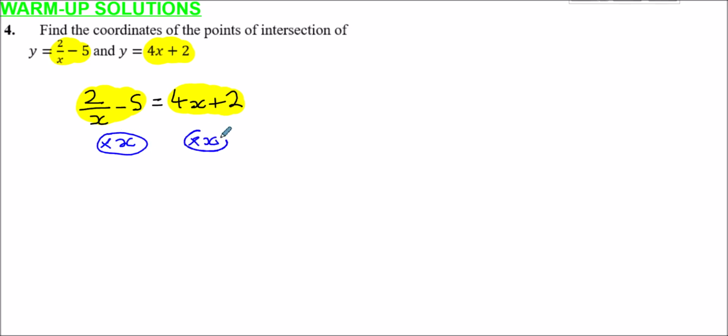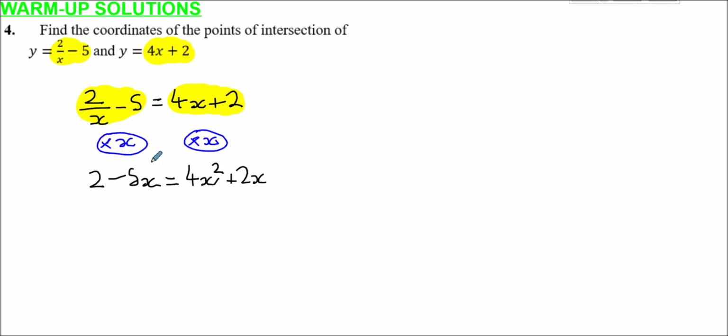It's actually quadratic. It doesn't look like it yet, but when we multiply through by x, we'll see that it is. So 2 over x multiplied by x just becomes 2. Minus 5 becomes minus 5x. 4x multiplied by x becomes 4x squared. And then 2 multiplied by x is obviously just 2x.